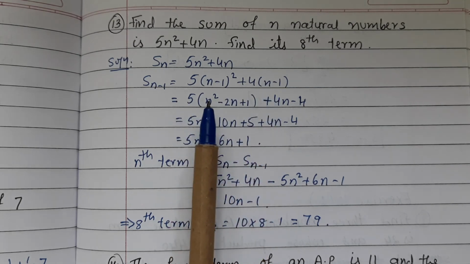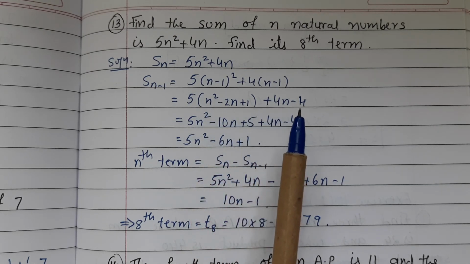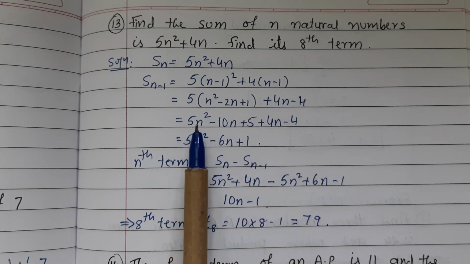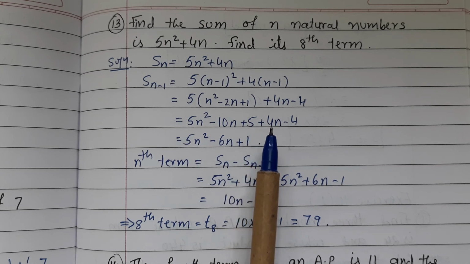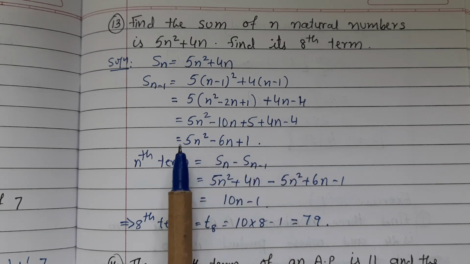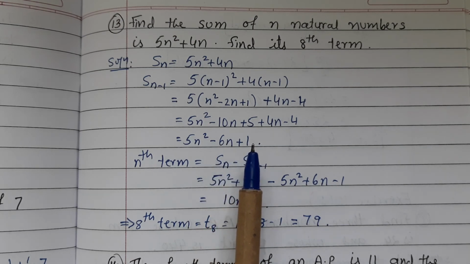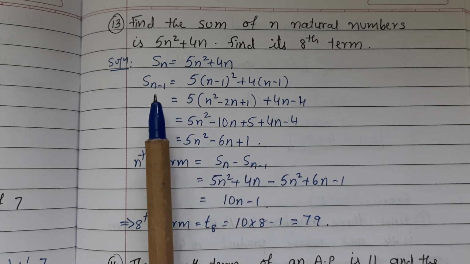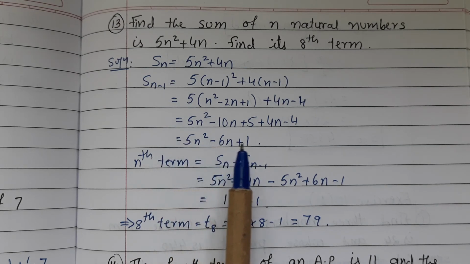Open the bracket: 5 into n square minus 2n plus 1, plus 4n minus 4, equals 5n square minus 10n plus 5 plus 4n minus 4, equals 5n square minus 6n plus 1. So S of n minus 1 equals 5n square minus 6n plus 1.